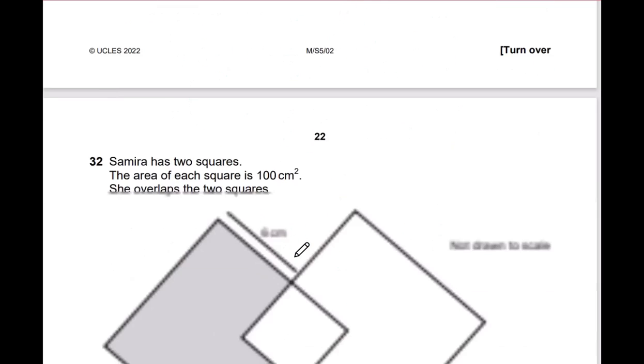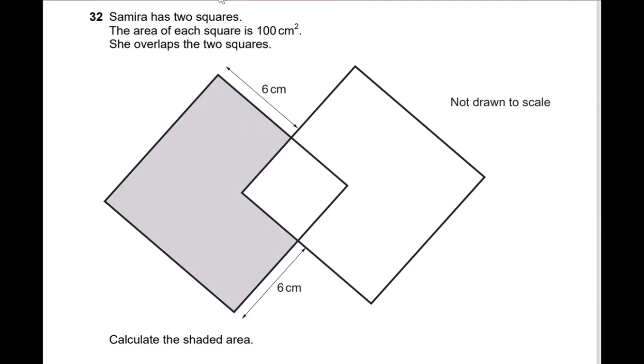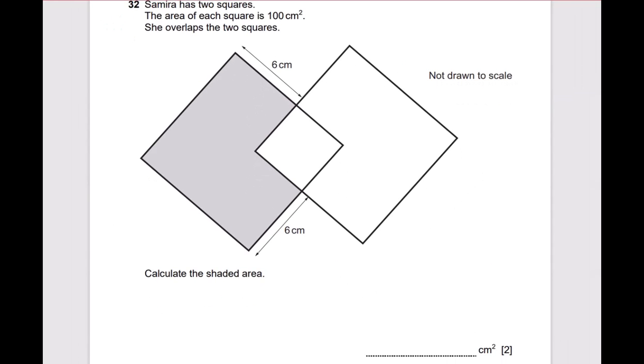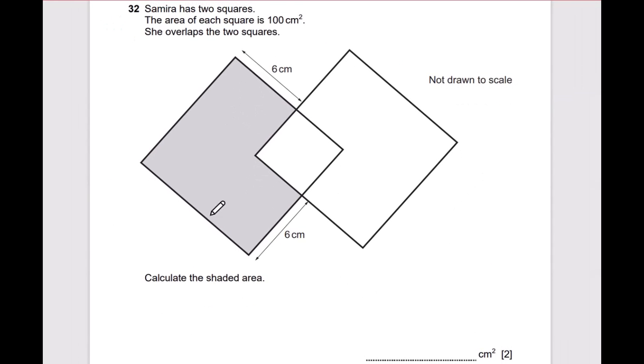All right. We have question 32. Sandra has 2 squares. The area of each square is 100. She overlaps 2 squares. Calculate the shaded area here. Now, area of each square is 100, so it means it's 10 times 10. The side is 10 times 10 here.